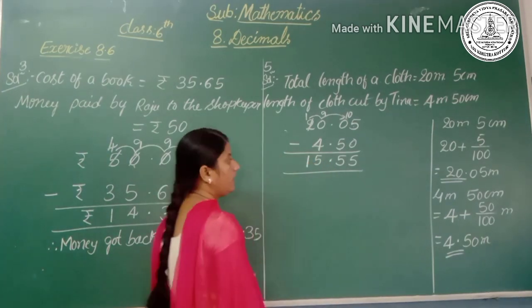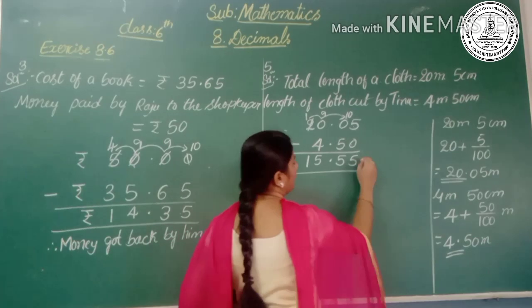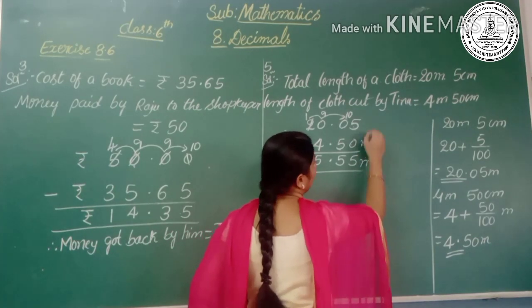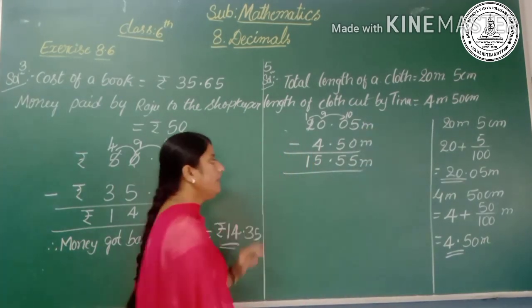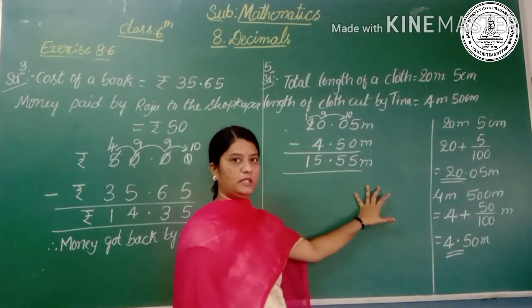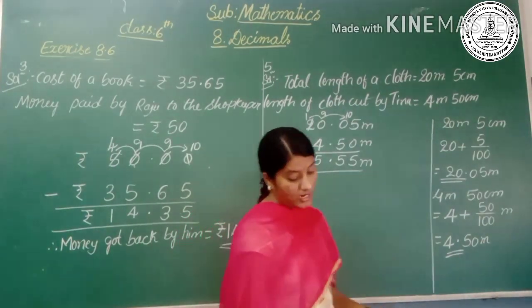Okay. The length of cloth remaining with her is 15.55 meter. Okay. So at last what we have to write?